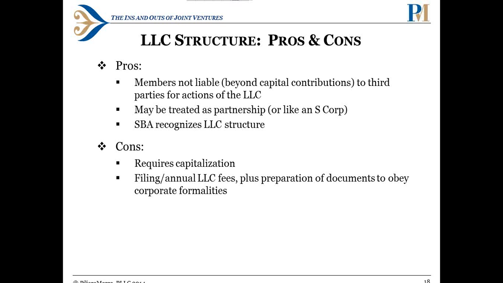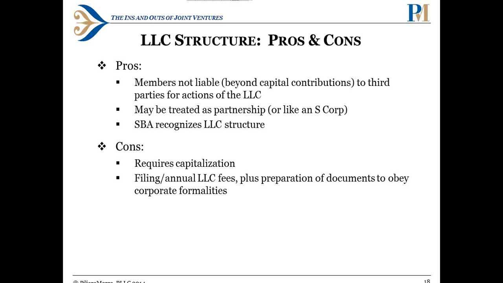Limited liability company first. On the plus side, the members are not liable beyond their initial capital contributions to third parties for the actions of the LLC. The LLC may be treated as a partnership or like an S corporation, which means that you get the pass-through tax benefits.